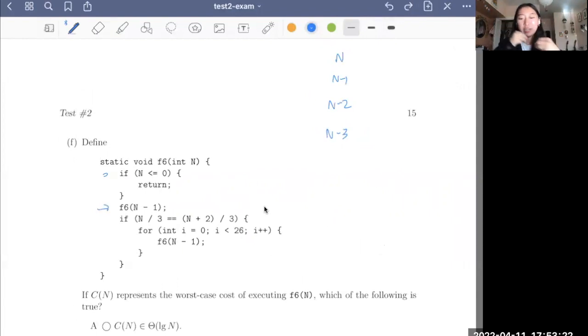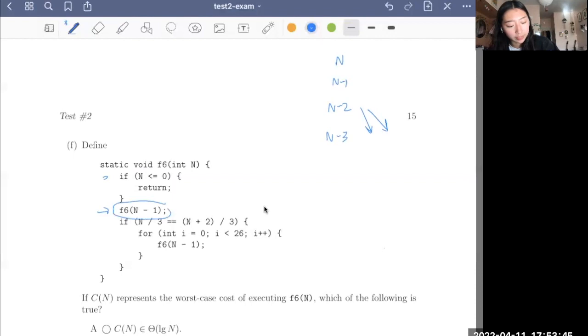If we just keep decrementing by 1, we're going to hit something that's divisible by 3. So one of these calls is going to end up leading to 26 more calls. And so we get 27 total calls, because it's this one plus the 26 recursive calls that happen here.